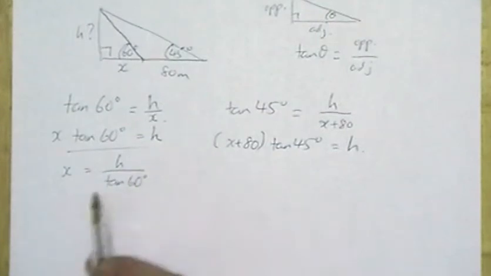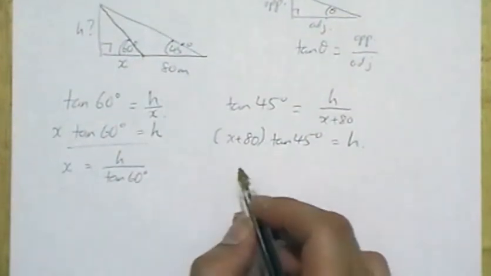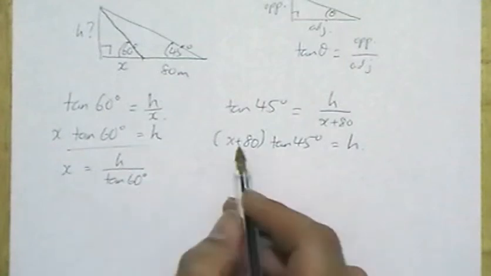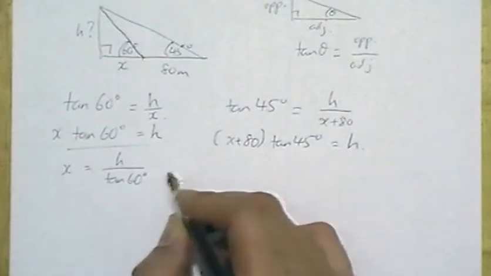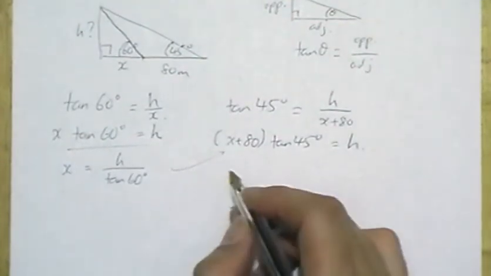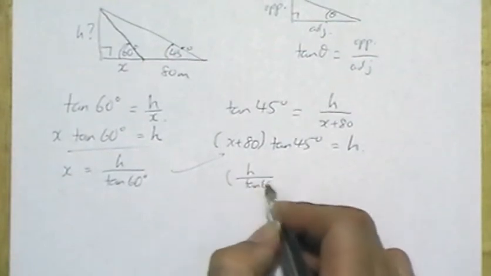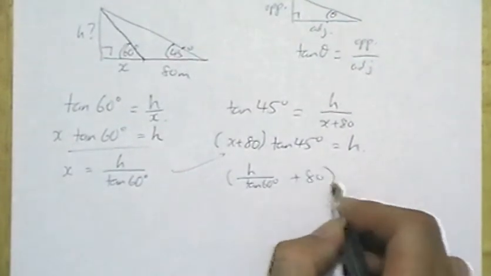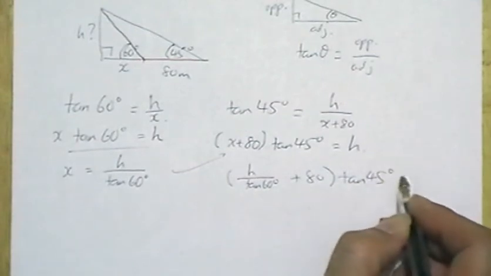So now I have x in terms of h. I can now substitute this into here. So if I substitute it into there, I get h over tangent 60 degrees plus 80, times tangent 45 degrees, equals h.